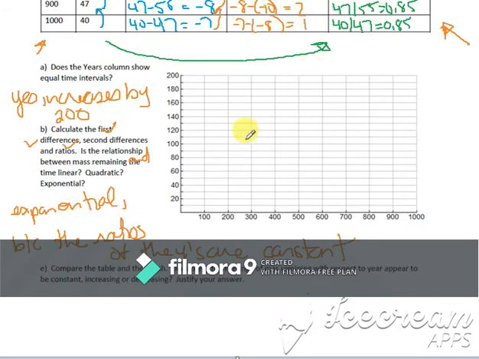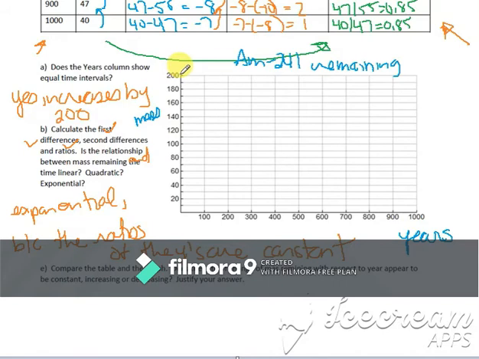Now I'm going to graph this, and I'm going to put Am-241 remaining. Up the y-axis is going to be mass remaining, and across the x-axis is going to be years passed.